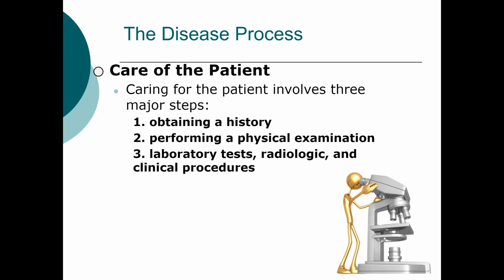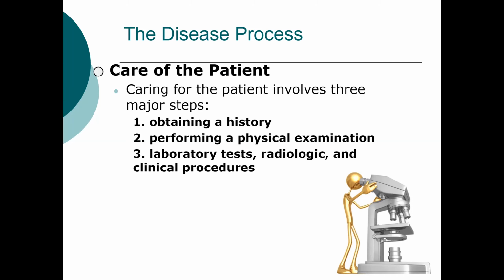Okay. From there, putting one and two together, the history and the physical examination, we are able to start to hopefully put some clues together as to what's going on with this patient. And then from there, we can order certain diagnostic tests. We can order lab work, different blood workups.